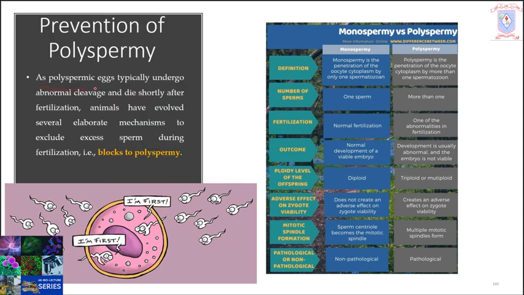As polyspermic eggs typically undergo abnormal cleavage and die shortly after fertilization, animals have evolved several elaborate mechanisms to exclude excess sperm during fertilization. That mechanism is called blocks to polyspermy.